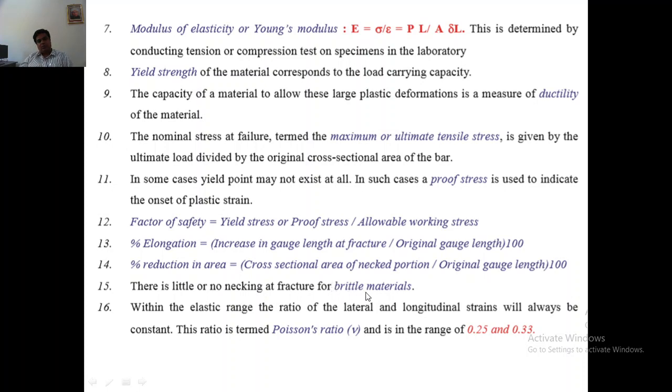When the metal undergoes a small amount of deformation, those metals are called brittle materials. In brittle materials there is no necking, whereas in ductile materials, when the load increases, they undergo a large amount of plastic deformation, and there will be necking at some part of the cross section.